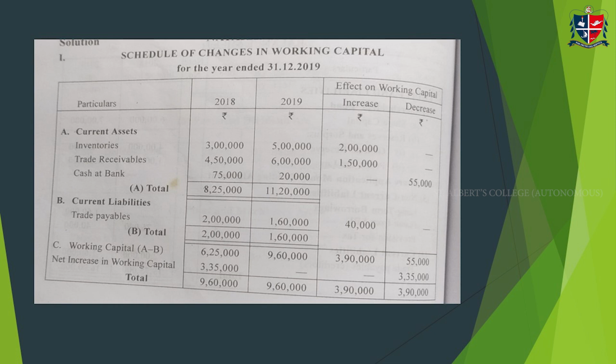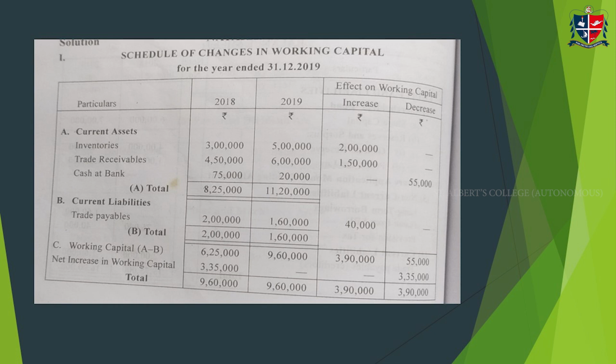That we write on the previous year column, and then both figures will be totaled. The increase in working capital amount is 3,35,000, and this amount we have to write in the decreases column. Then only both these columns will tally.